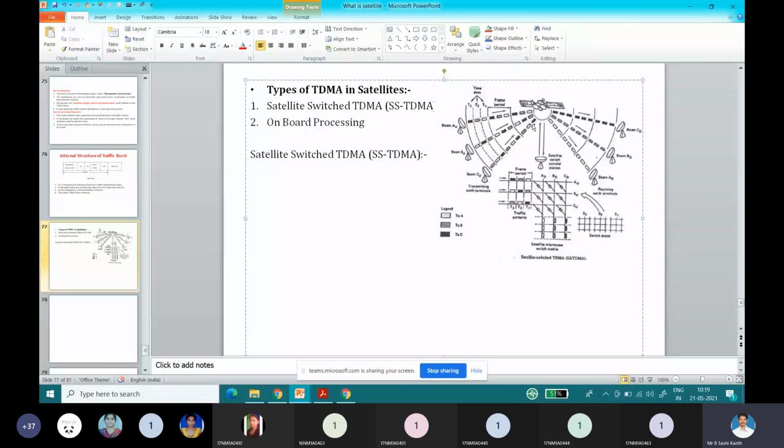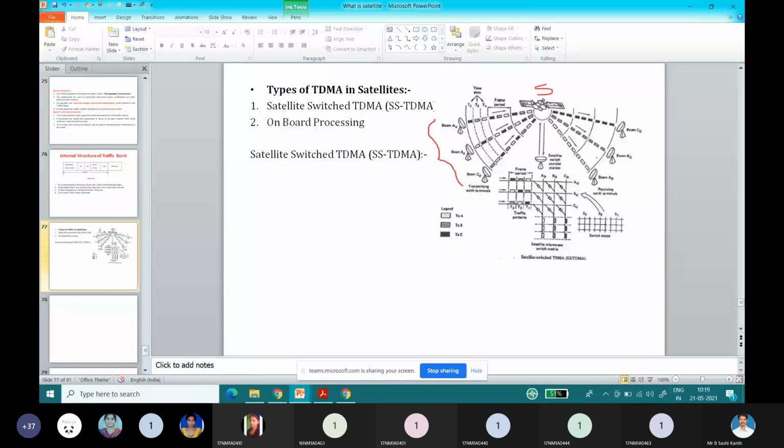You have earth stations represented here. These are your transmitting earth stations, and these are your receiving earth stations.